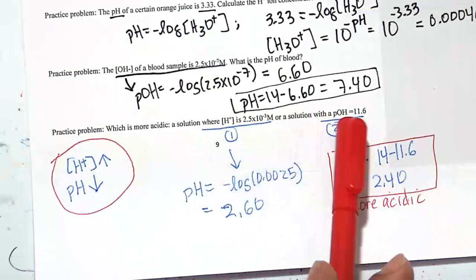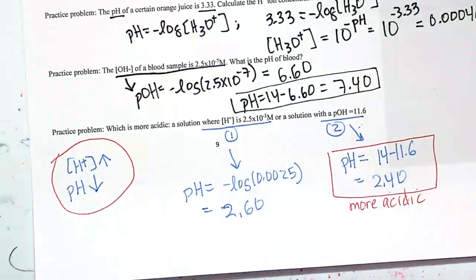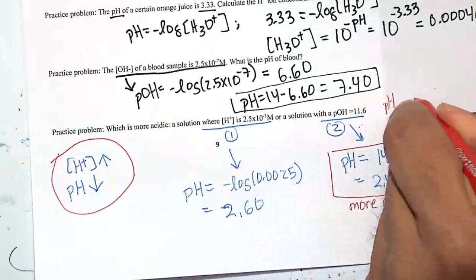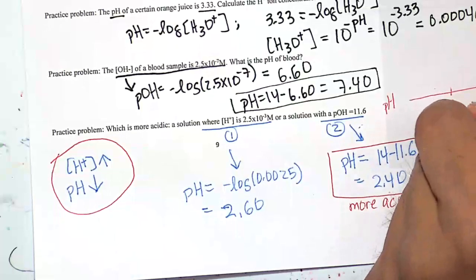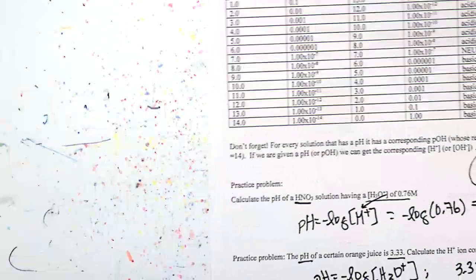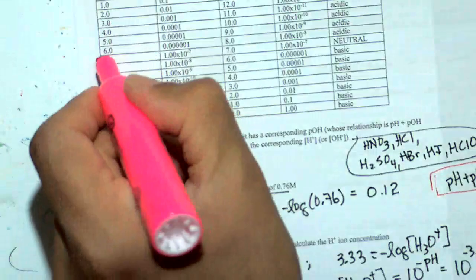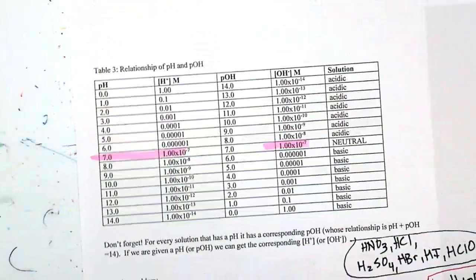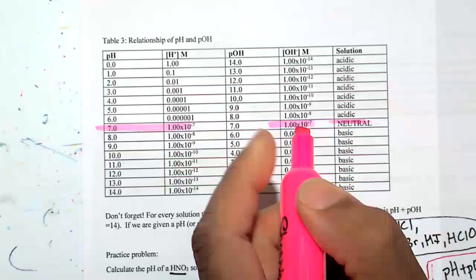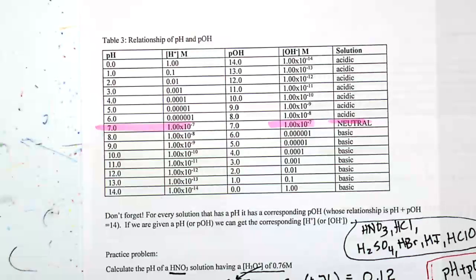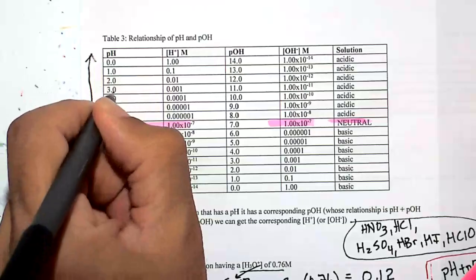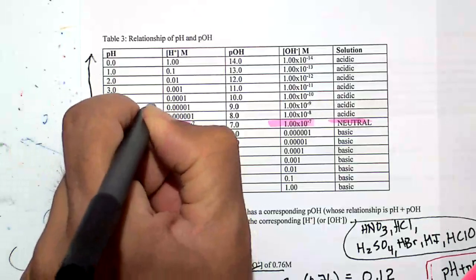Some basic pH, pOH considerations. You guys know the pH scale? What is pH 7? Neutral. If you look at this table, at pH 7, they have the same concentration of OH minus and H plus. But as you go lower and lower, pH goes from 6, 5, 4, 3, 2, 1. What happens to your concentration?